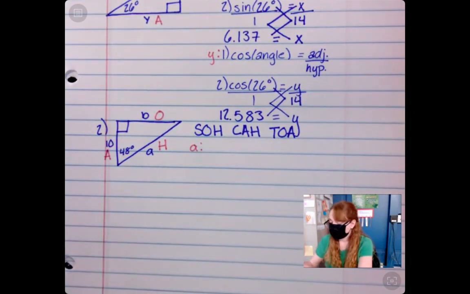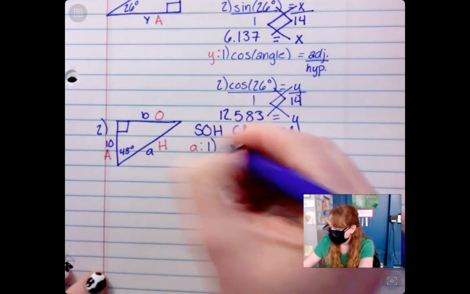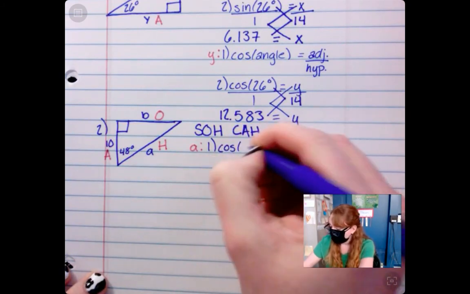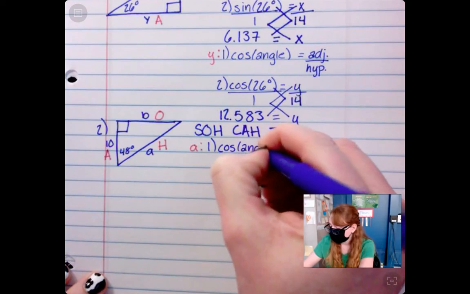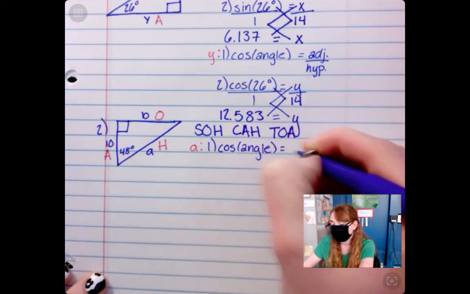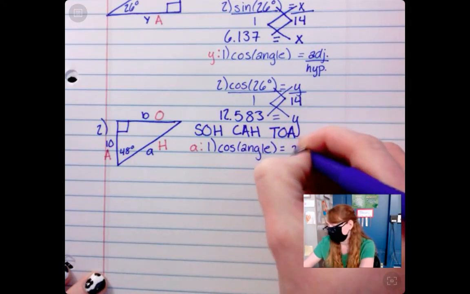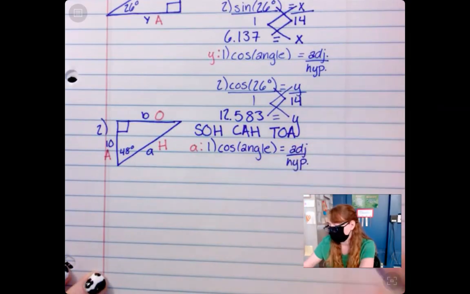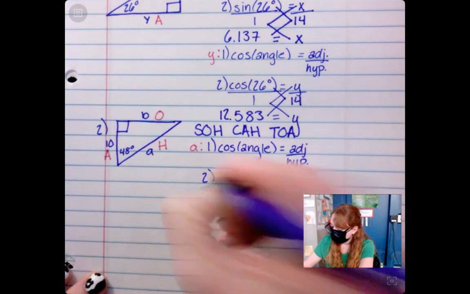Using our 3 steps, step 1 is set up. We have our trig function, cosine, of some angle, is equal to its ratio, which is adjacent over hypotenuse. Step 2, we plug in what we know.